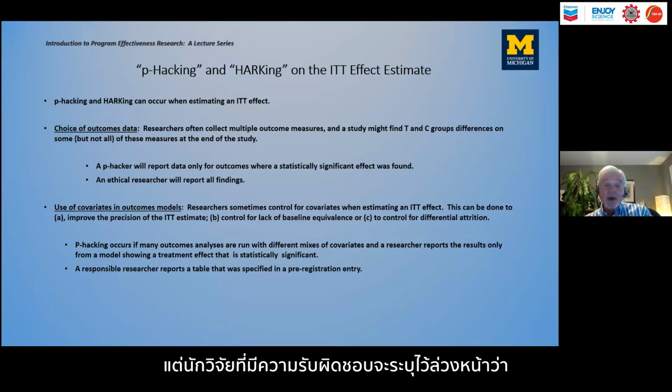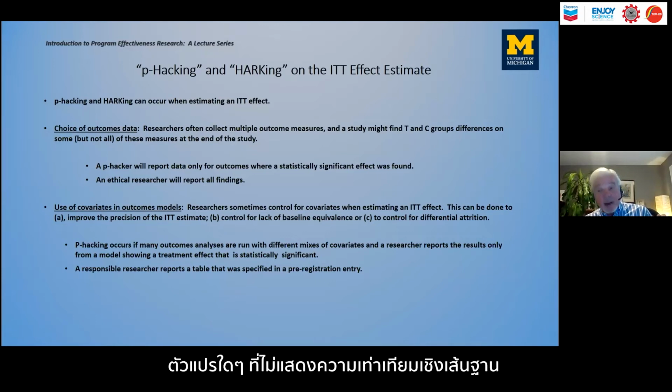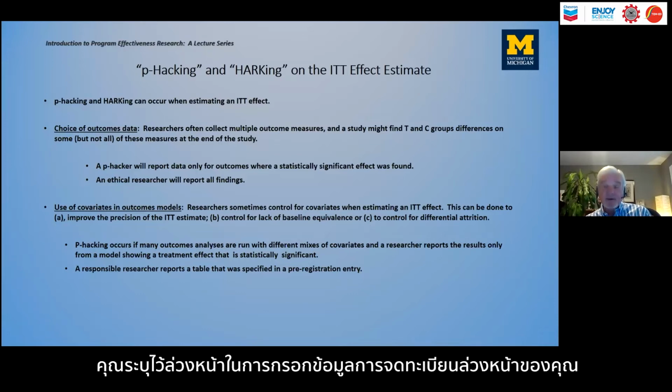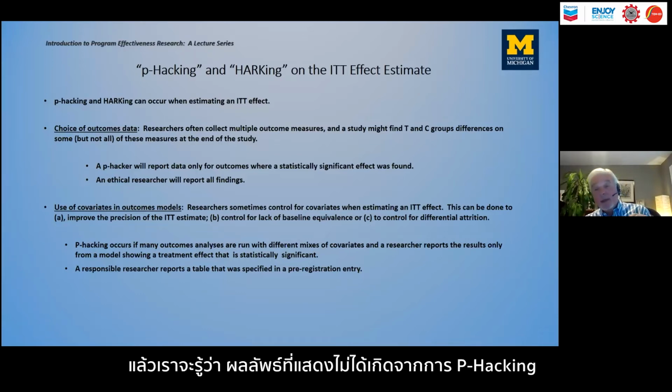But the responsible researcher has specified in advance which variables will be or potentially will be included, any variable upon which baseline equivalence has not been shown, or these variables have been shown to improve precision. You specify in advance in your pre-registration entry, then we know that the result being presented is not produced by p-hacking.